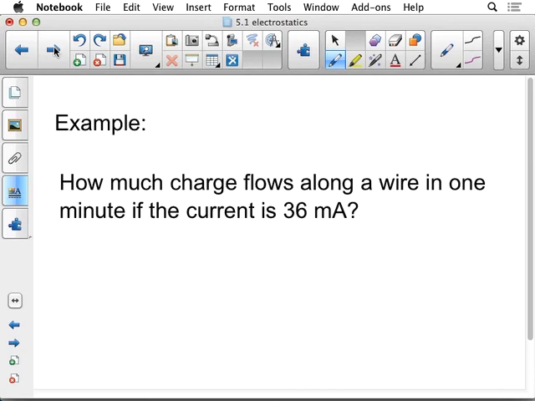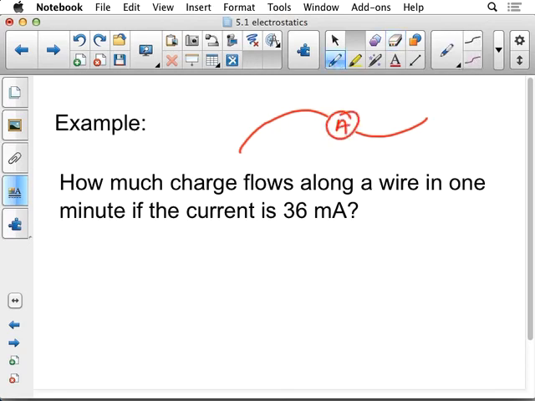How much charge flows in a wire in 1 minute if the current is 36 milliamps? So this time, slightly different approach to the problem. So we have a wire, we have an ammeter that is reading the current, which I will stick here just for fun.